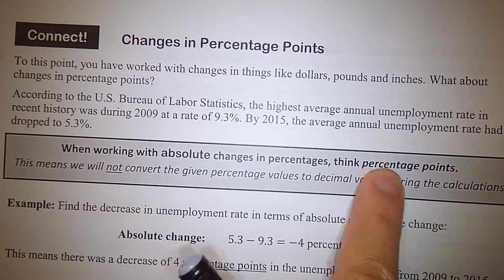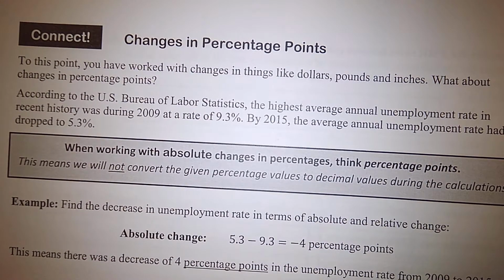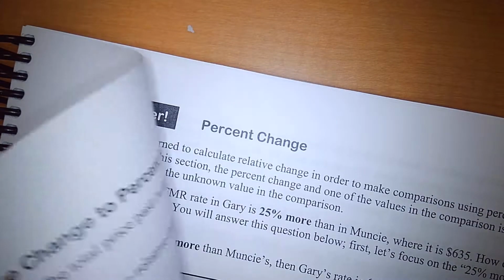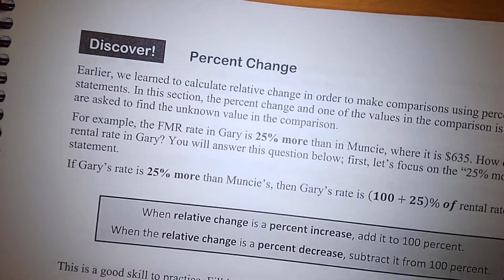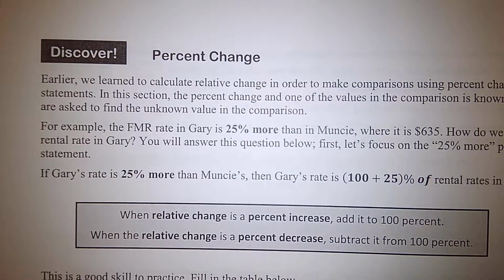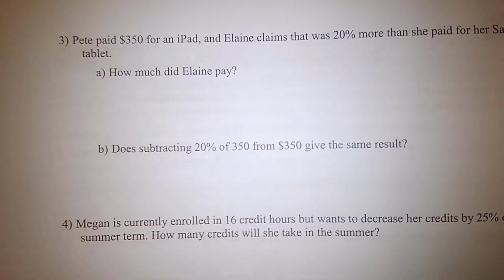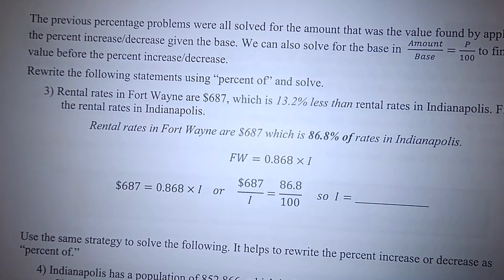So we have to know what percentage points are and how to do the absolute change and relative change. Then page 79, entire page. Page 80, entire page.